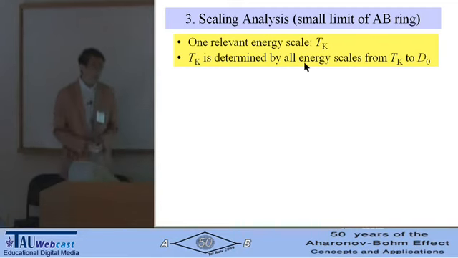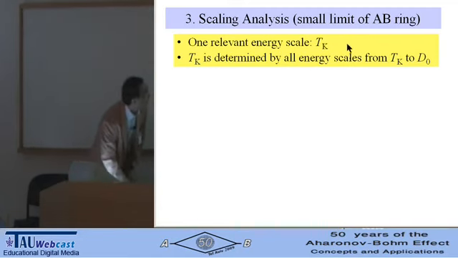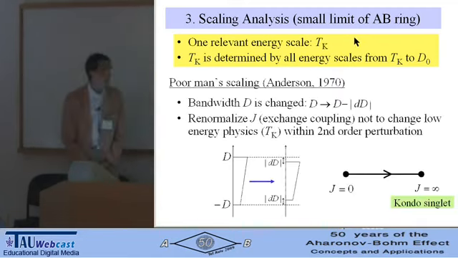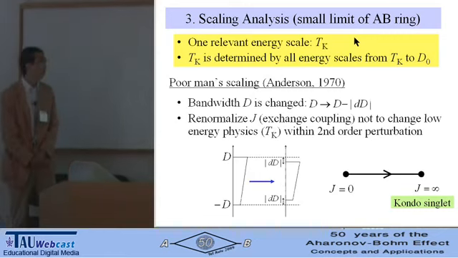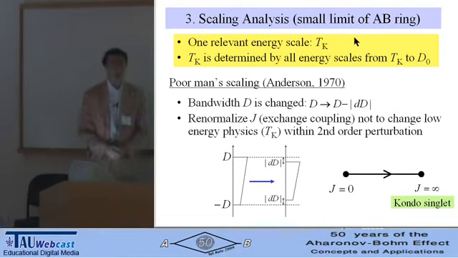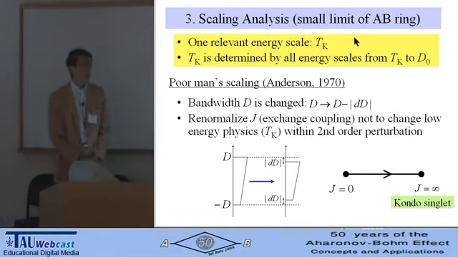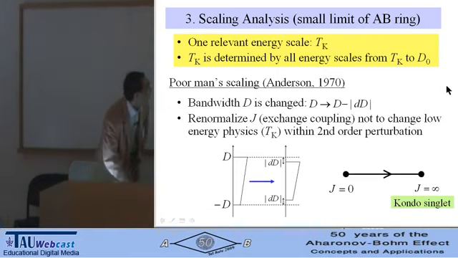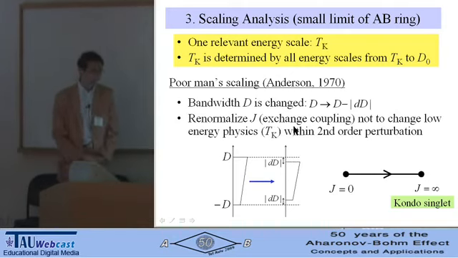So to capture the Kondo physics, Anderson's Poorman scaling is useful. Bandwidth D is gradually changed, and we normalize the exchange coupling between the localized spin and the reeds, so as not to change the low energy physics within the second order perturbation.